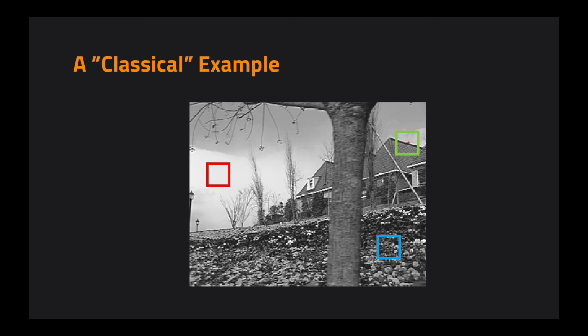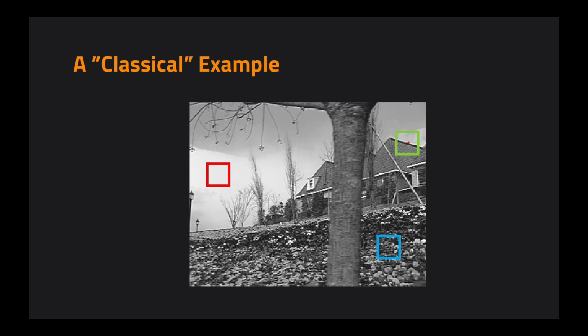Here is a classical example for those cases. The red box shows an example of a flat area, and you can see that that is the scan area. Even if we look at the surrounding of the red box, they look very similar. And if the video changes in that area, it's very hard to determine the moving direction of those pixels.